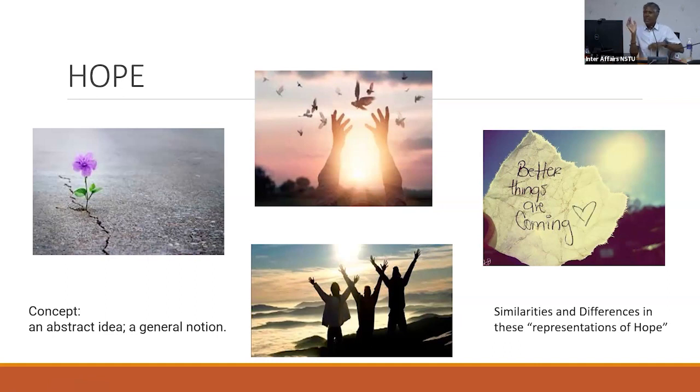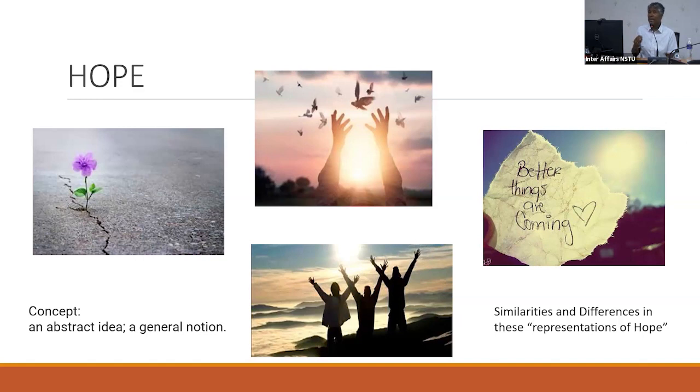Each of you picked a different picture and provided a different rationale, but each of these pictures spoke to you in different ways. In your way of understanding and conceptualizing hope, you had different images.